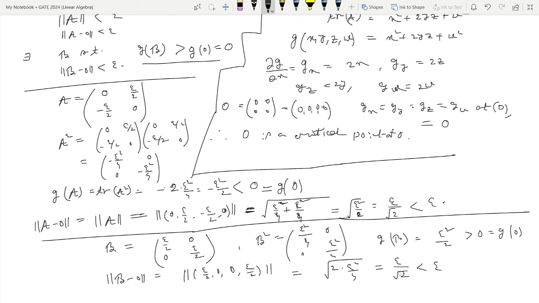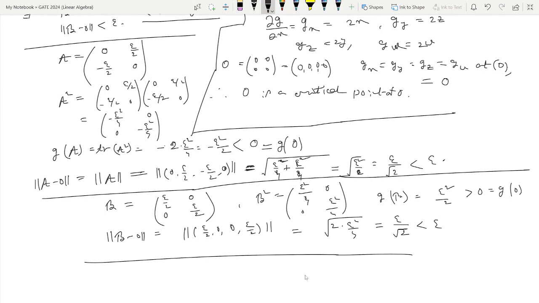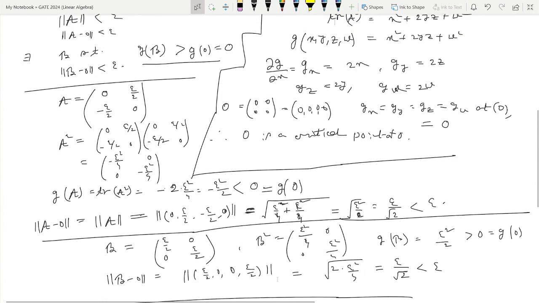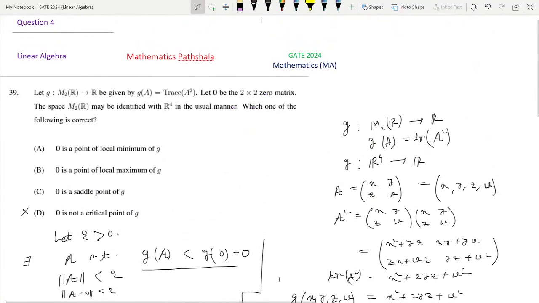So such B exists such that norm B minus 0 less than epsilon and GB greater than G0. So now we get what? We now get that in every neighborhood of 0, there are elements A and B such that GA less than G0 and GB greater than G0.